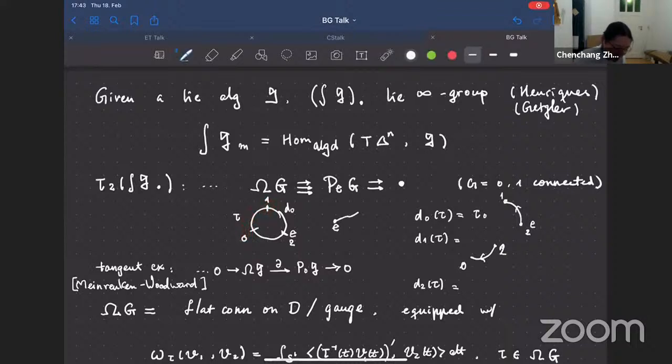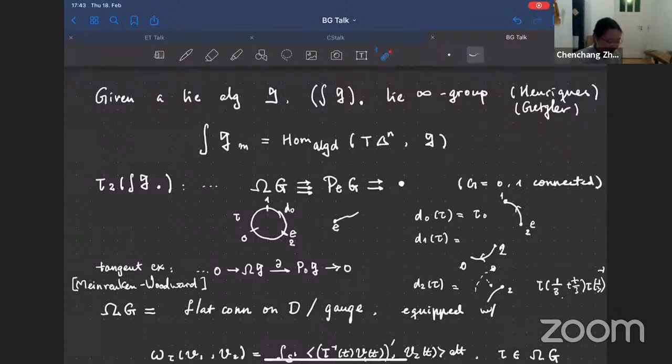I have to move this guy back to 2. If you really write down the formula, you have to shift it by this point to identity, and you can verify it will satisfy the Kan condition.